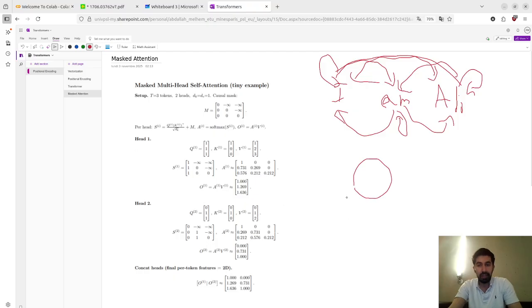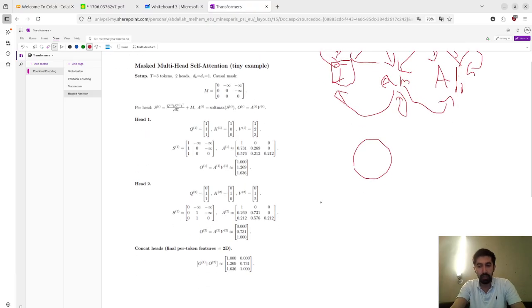In the masked attention, you're not allowed to look ahead in the sentence. So I is not allowed to look at am and at Ali. So it's supposed to just do attention with itself. Am is not allowed to look at Ali. So let's say we have a longer sentence: I am a boy living in, I don't know, Paris.